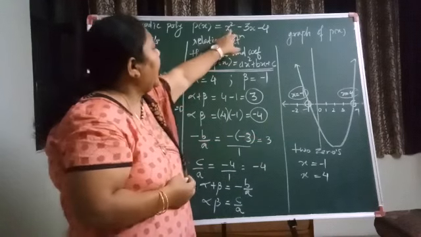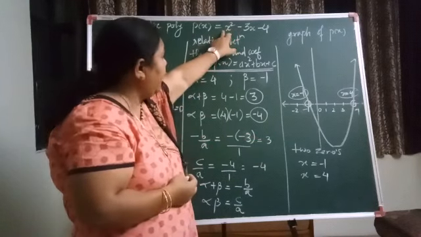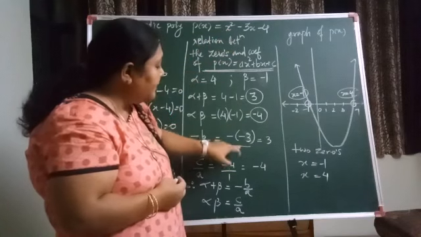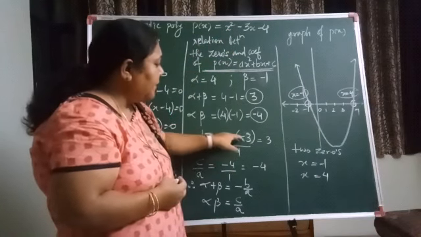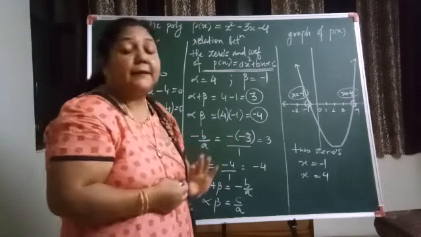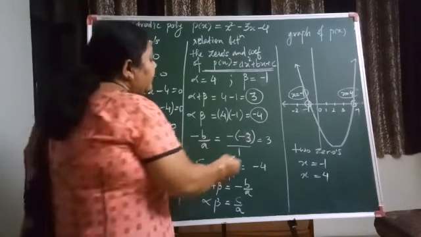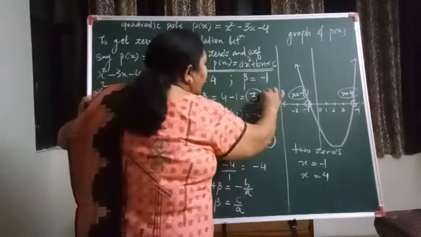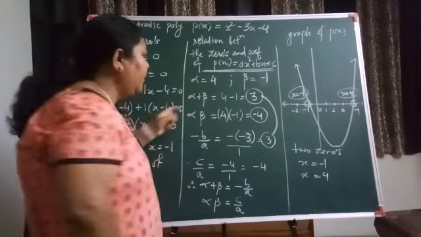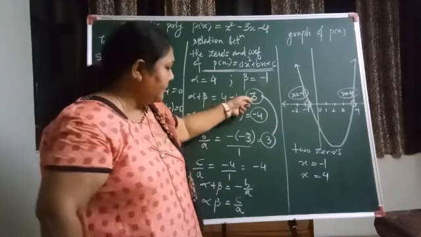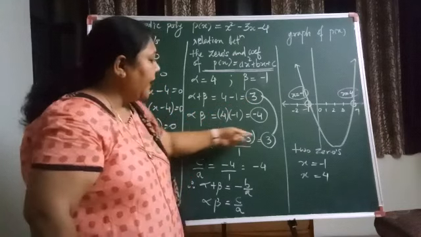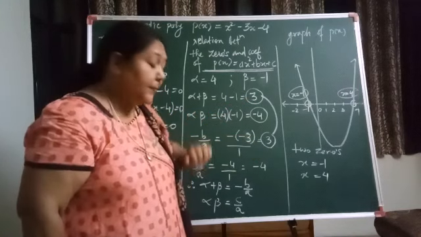And a means the coefficient of x², which is 1. So −(−3)/1 is equal to 3. Now this number 3, you connect it over here. What did you get? The sum of the zeros was 3 and −b/a is also equal to 3.